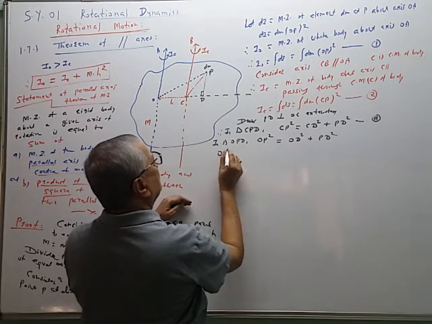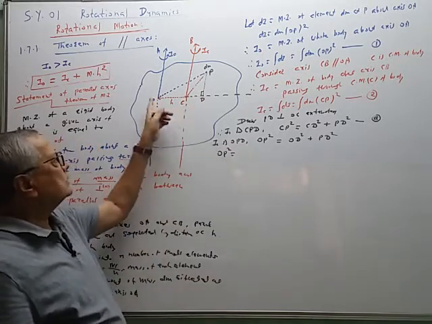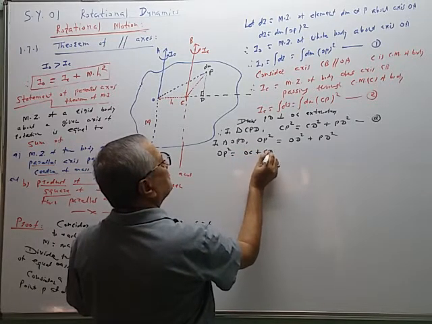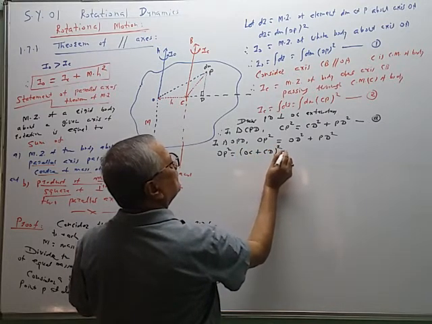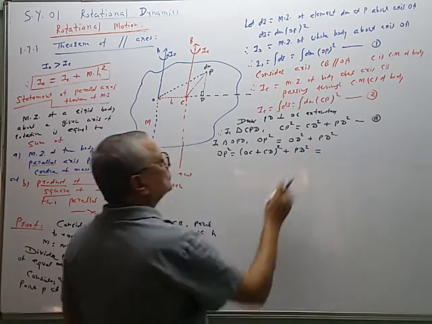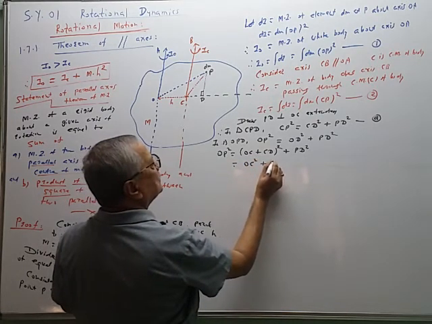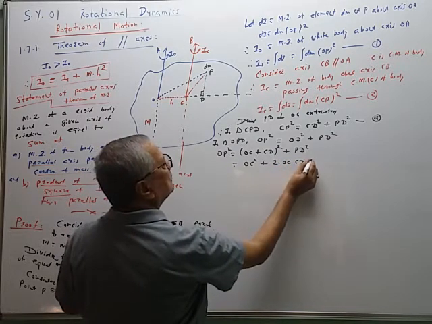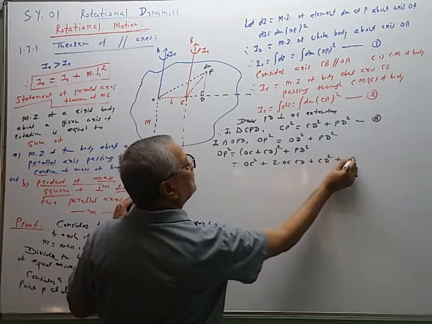Therefore, OP square is equal to, on the figure, this OD distance is equal to OC plus CD, OC plus CD bracket square, plus PD square. This second term is as it is. So this square will become OC square plus 2 into OC into CD plus CD square, plus PD square. PD square as it is.